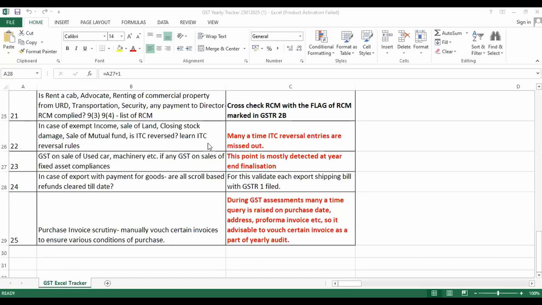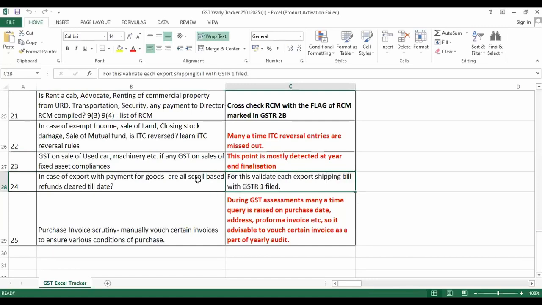So at year end, you need to check all the exports with payment of tax made during the whole year against the shipping bills. As long as the export invoices are not matched with the shipping bill, you will not get the export with payment refund on those sales invoices. So in the month of March, validate all your export shipping bills with your sales invoices of exports and ensure that the relevant refund has come or not. If the refund has not come, you have time to correct those invoices in your GSTR 1 and GSTR 3B.